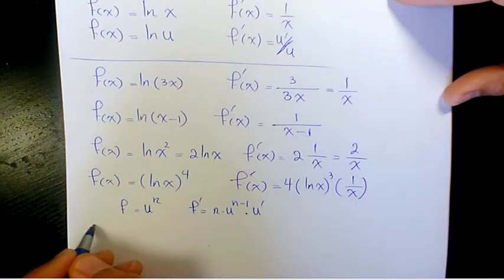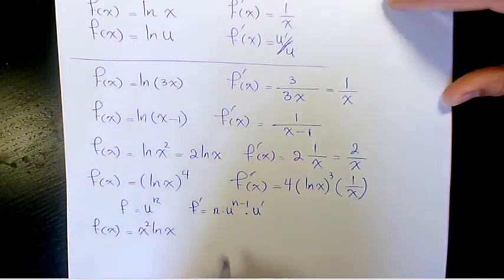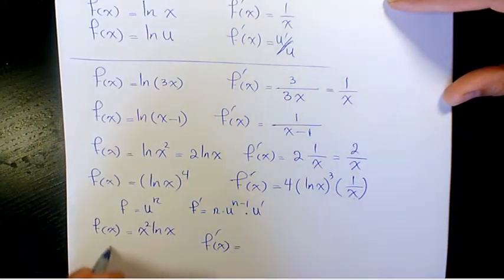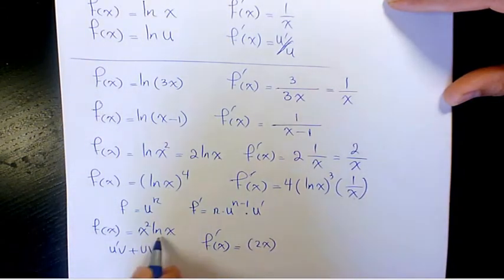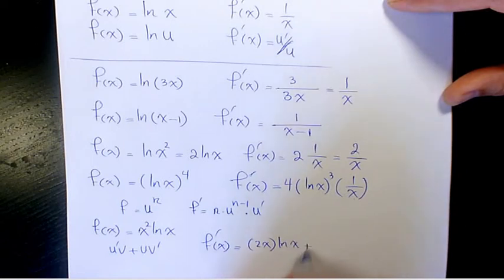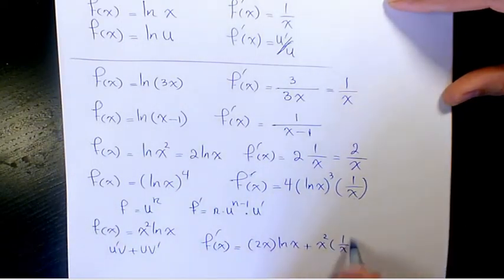Next one. F of x equals x squared ln x. Here we need to use product rule. Product rule is u prime v plus u v prime. Derivative of x squared is 2x, ln x, plus x squared times the derivative of ln x, which is 1 over x.